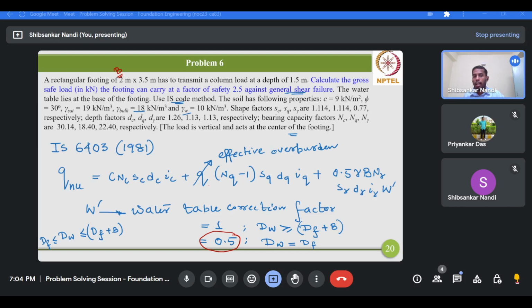q you can easily calculate. It will be 18 multiplied by the depth of the foundation, that is 1.5 meter. Now what you have to do is that this gamma will be gamma sat for the present problem.